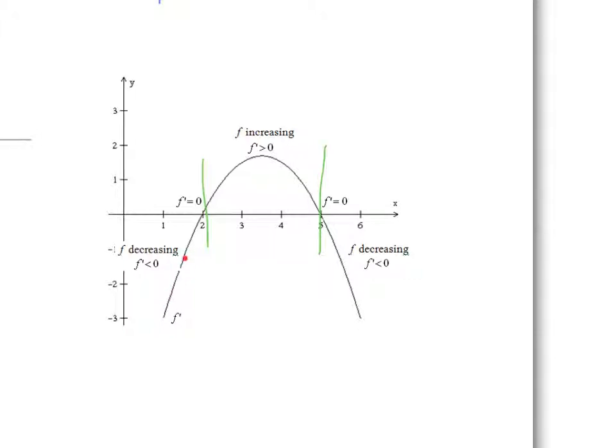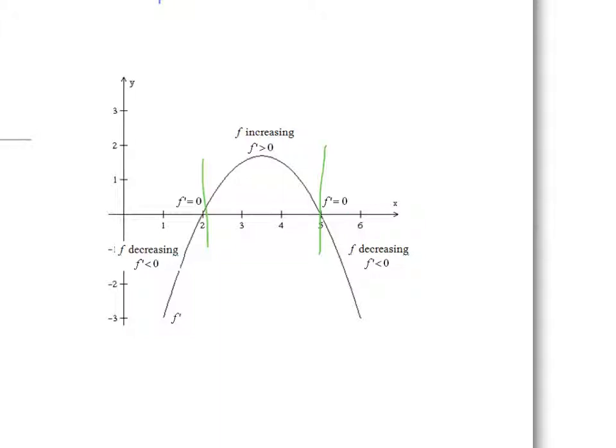So the function is decreasing because the derivative is less than 0. Here we have our derivative equal to 0. The derivatives everywhere along this interval are positive or above the x-axis, so the function is increasing. Again, the derivative is equal to 0, and the function is decreasing because our derivative is below the x-axis or less than 0.